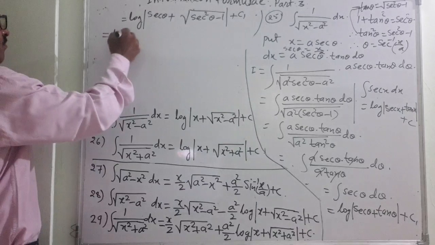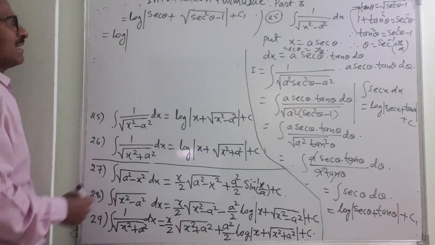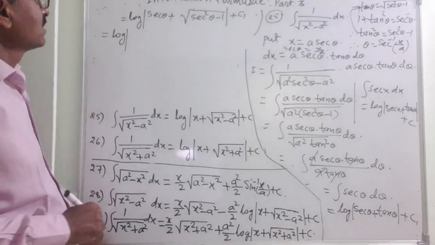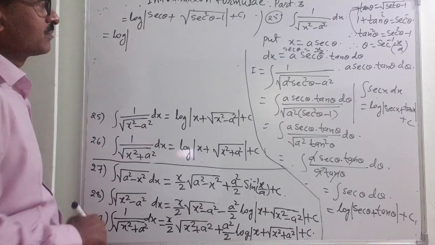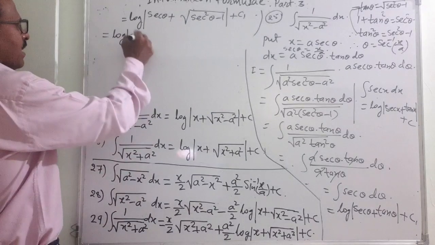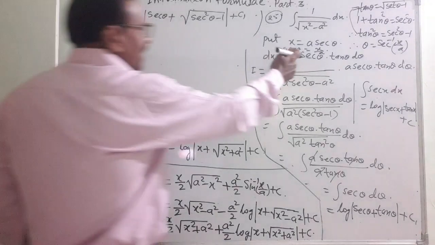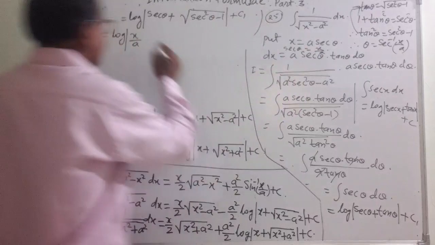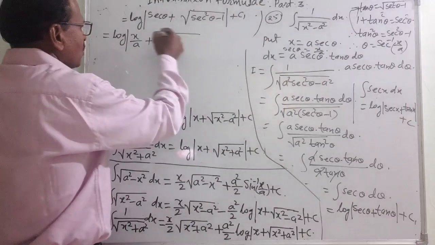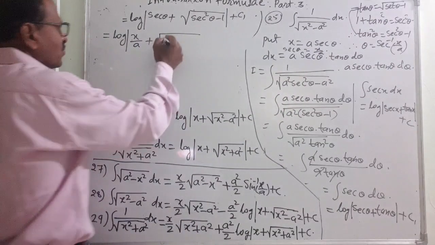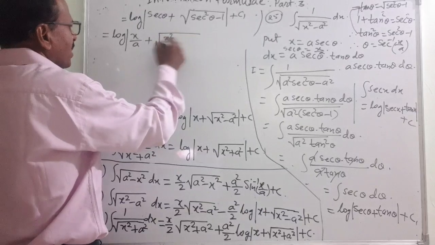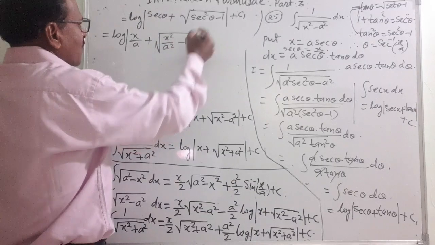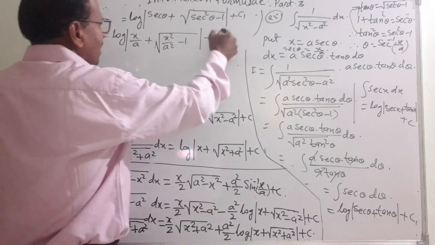So log of, now you put the values. Sec theta is what? x upon a. So log of x upon a plus under root of sec square, meaning x square upon a square minus 1, plus c1.